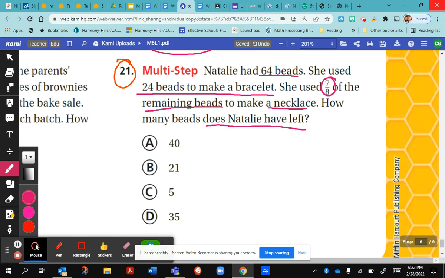But really, let's go back and use our reading strategies and chunk what we know. We want to make those annotations. I have a total of how many beads? 64 beads, right? She used 24 of those for a bracelet.